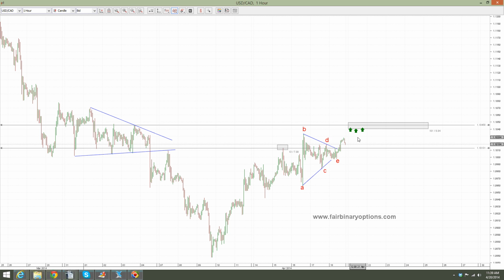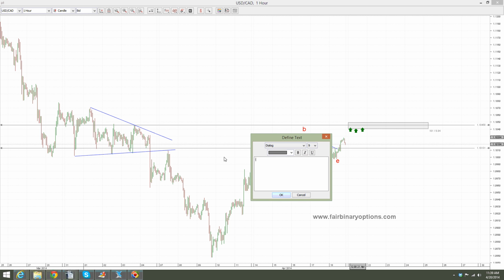So, long story short, let's write on the screen: looking to buy call options by the time markets are breaking the 1.1046 level with end of week expiration date.